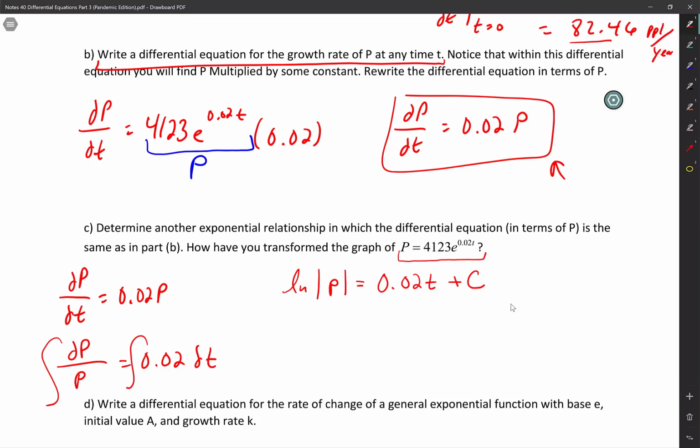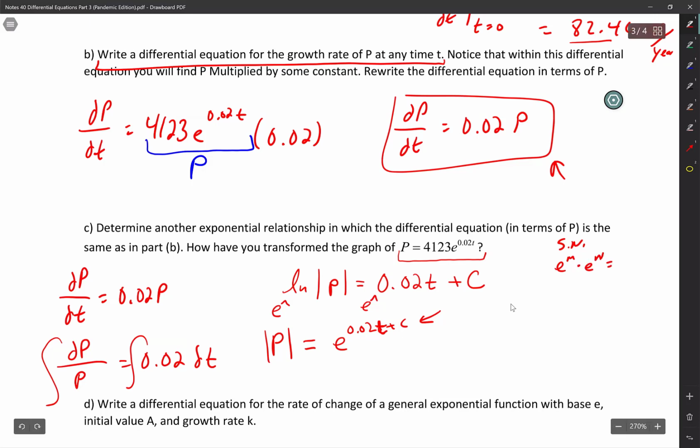Next, I'm trying to solve for P here. E to the, and I guess right now I'm going to keep writing the absolute value, e to the 0.02 t plus c. Now remember, side note, e to the m times e to the n is equal to e to the m plus n, and this is exactly what I have right now.